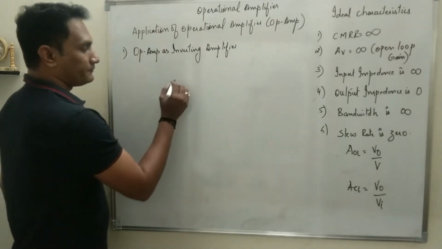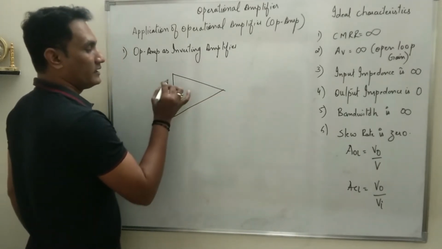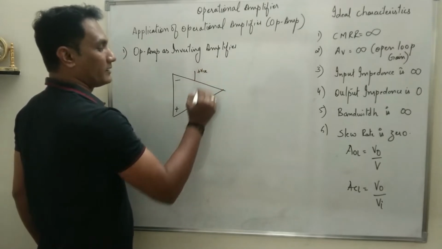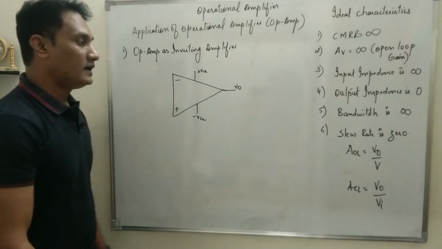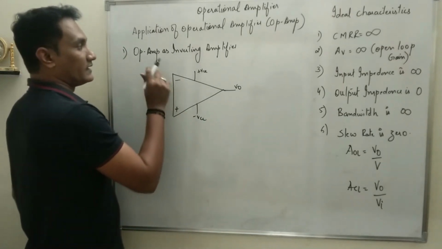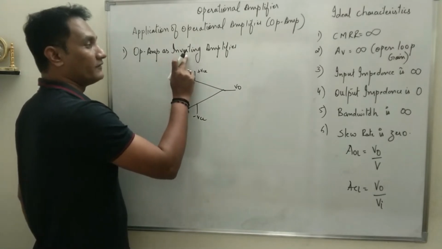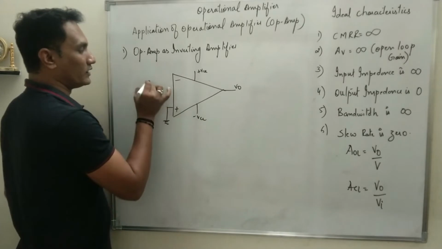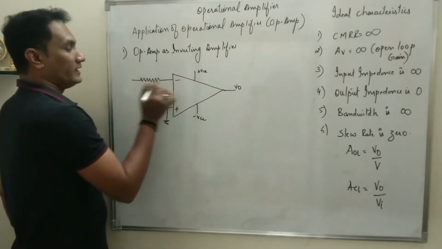So let us draw the diagram. There are two terminals, inverting and non-inverting. There are two power supplies, plus VCC and minus VCC, and then this is the output voltage. Out of the two terminals, we have to use it as an inverting amplifier. So we connect the non-inverting terminal to ground, and the input should be applied to the inverting terminal.